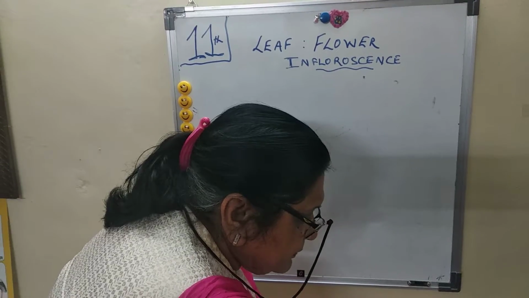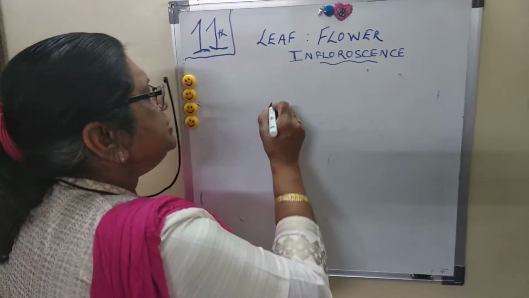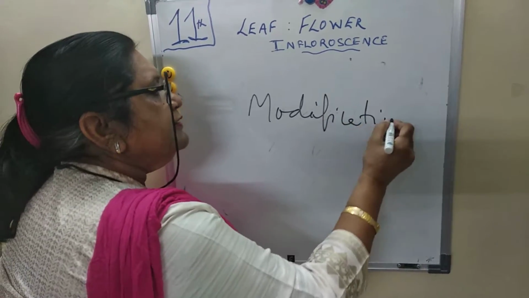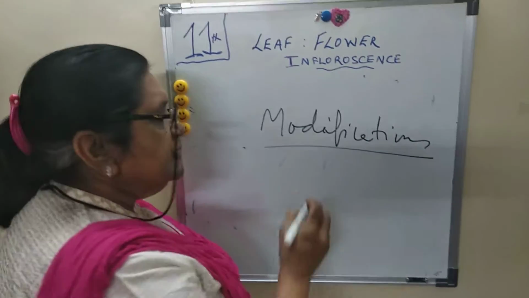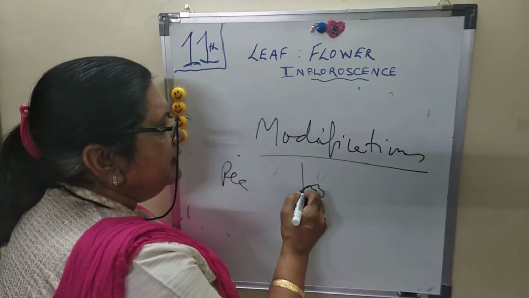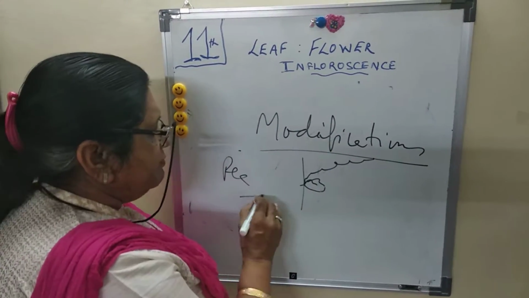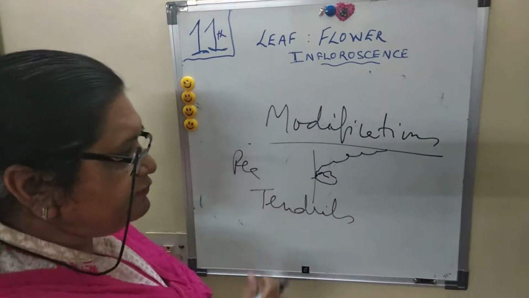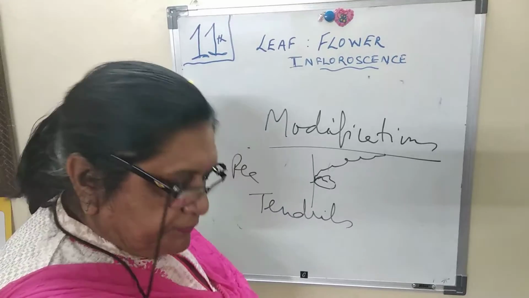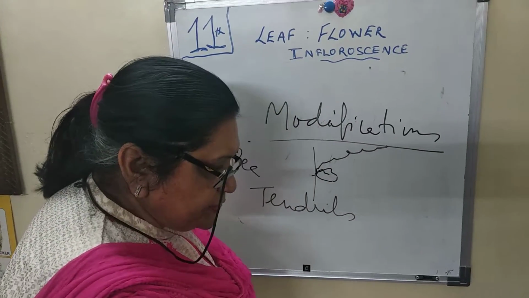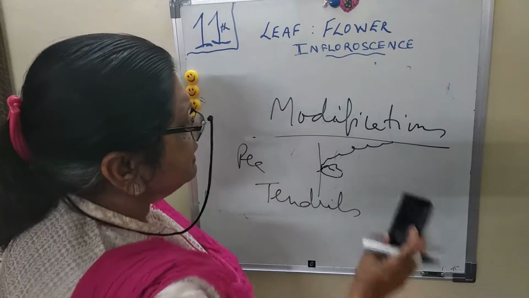Then come the various modifications, the secondary functions of the leaf. Modification of the leaf: sometimes in pea, the leaf is modified in the form of tendrils, meant for support. In the stem we have discussed that the stem is modified; here the leaf is modified for support.